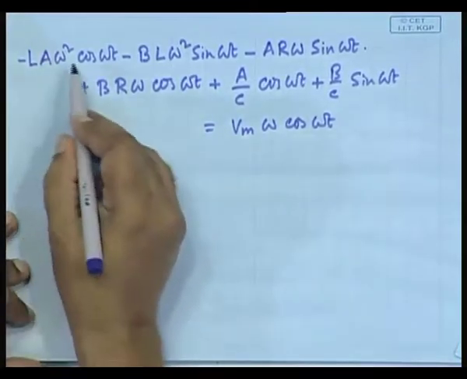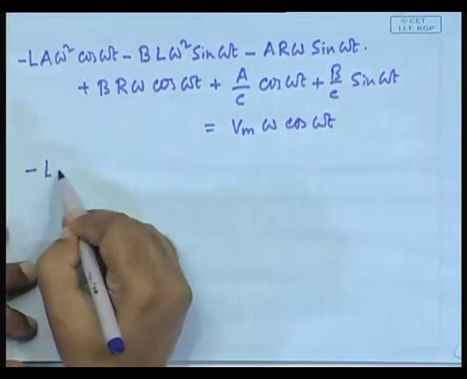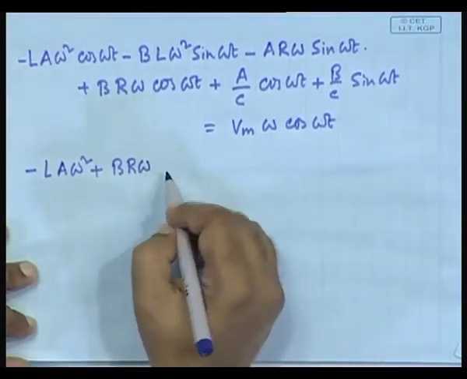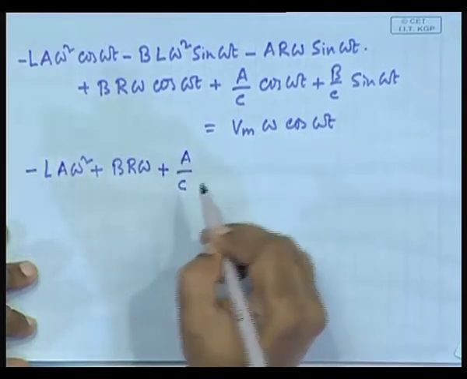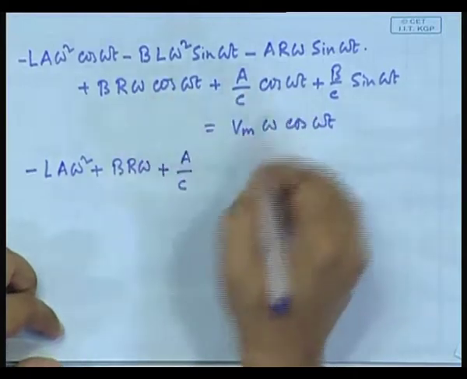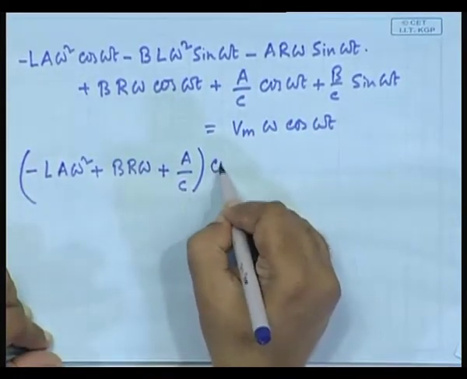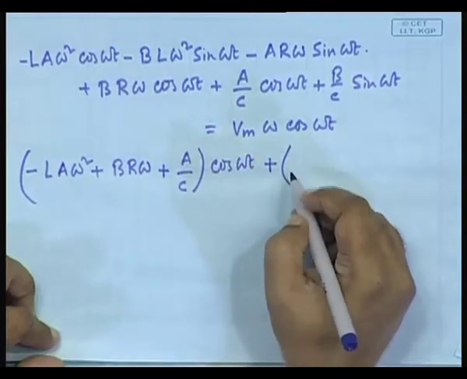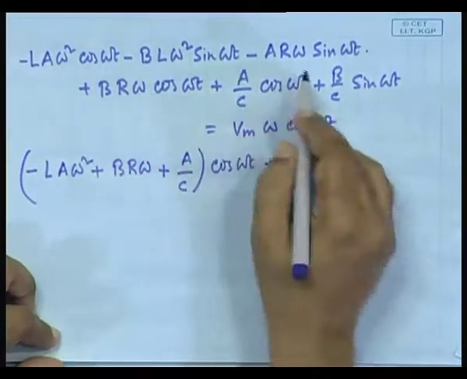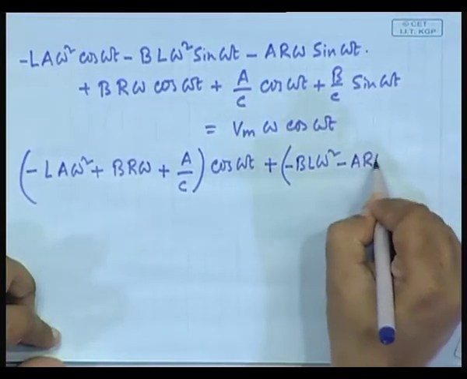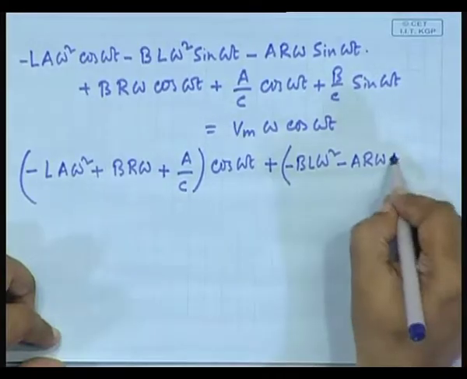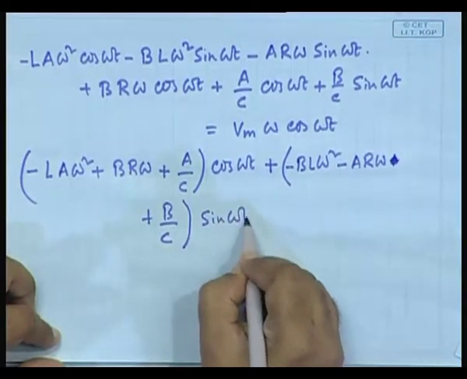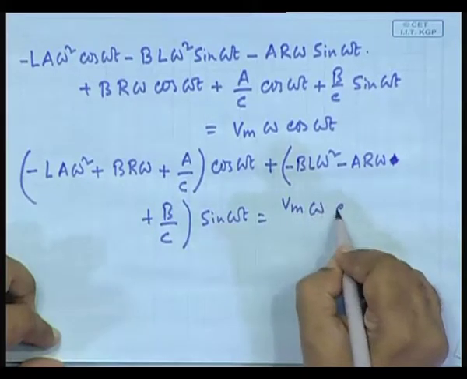First, let us put together the cosine terms: minus L A omega square plus B R omega plus A by C, cos omega t, plus minus B L omega square minus A R omega plus B by C, sin omega t, is equal to V m omega cos omega t.